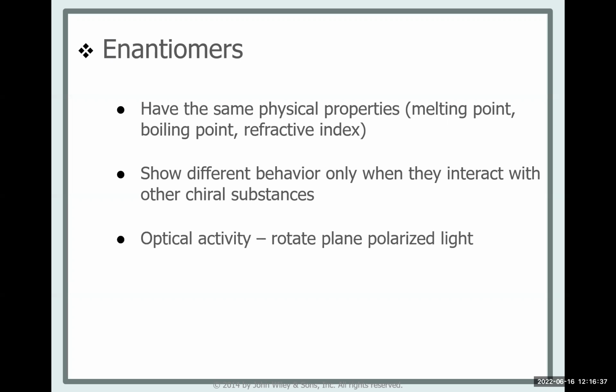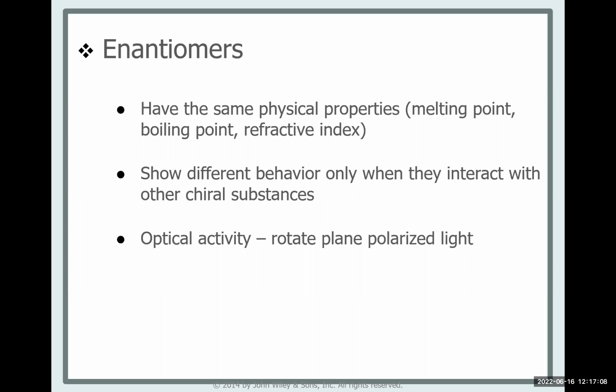The other time that chiral molecules act differently is they rotate plane polarized light differently. So if I am able to filter the light so all the light waves are going up and down, maybe through your polarized sunglasses, and you shine that through an R or S, just one or the other, of a chiral molecule, they'll rotate in opposite directions.